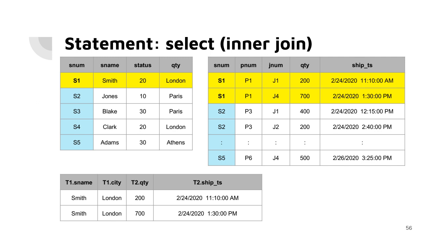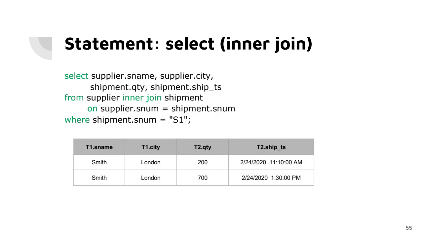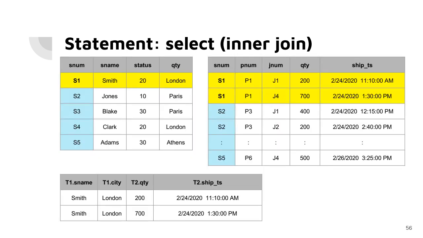But I want to join those two tables, so that means the snum in shipment must be equal to snum in supplier. If you write that down, it's inner join where supplier snum is shipment snum, you get that condition. And then there's an additional constraint in the where, namely that the snum must be equal to S1.